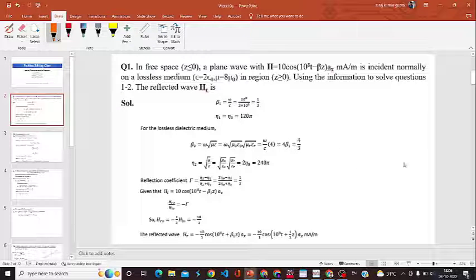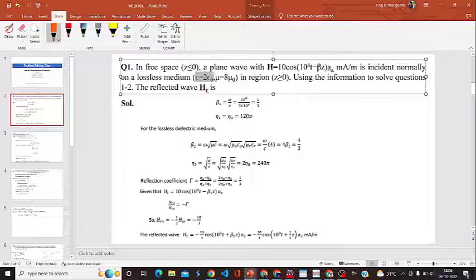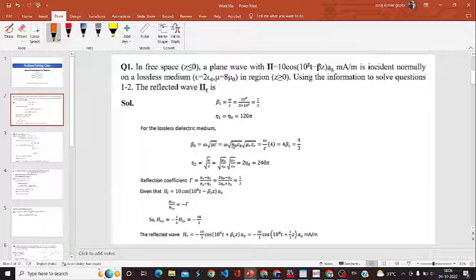Now you also have to calculate the phase constant and eta 2 in the dielectric media. Beta 2 is defined as omega root over mu epsilon. Here you put in the values of mu and epsilon given in the problem, and you will get beta 2 equal to 4 by 3.